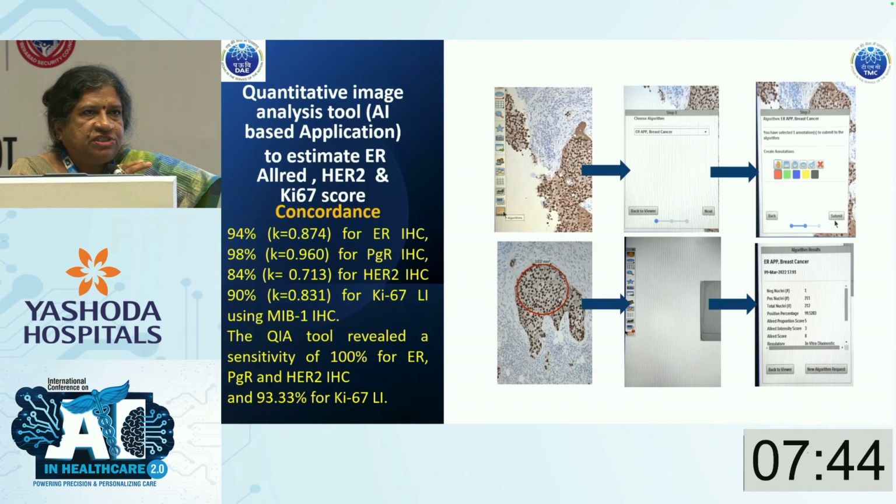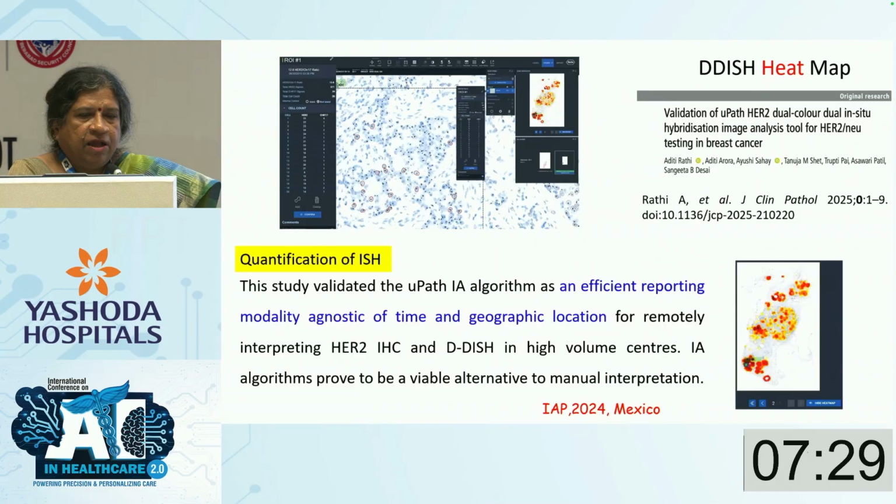The importance of this slide is that the most important part is validation of any AI algorithm. Before we replace our routine practice with an AI algorithm, this is the most essential part. And not only immunohistochemistry, wherever quantification is required, we can use an AI algorithm.